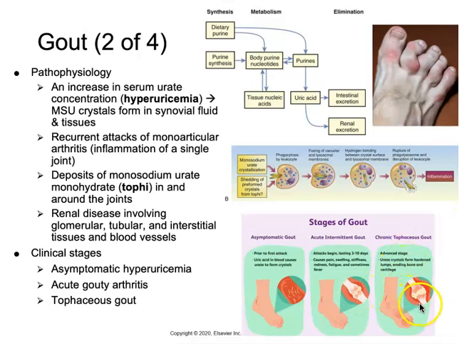And lastly here, we have our chronic tophaceous gout, and this is the chronic stage of this disease and begins as early as 3 years or as late as 40 years after the initial attack of gouty arthritis. This is a progressive inability to excrete the uric acid and expands the urate pool until the MSU crystals are deposited and appear in cartilage, synovial membranes, tendons, and in the soft tissue.